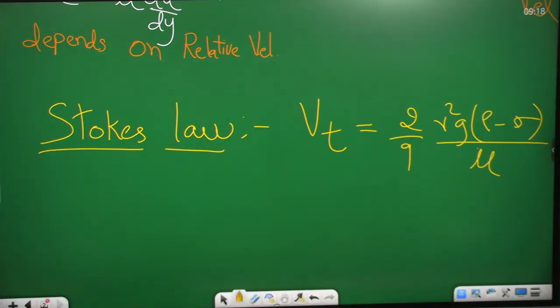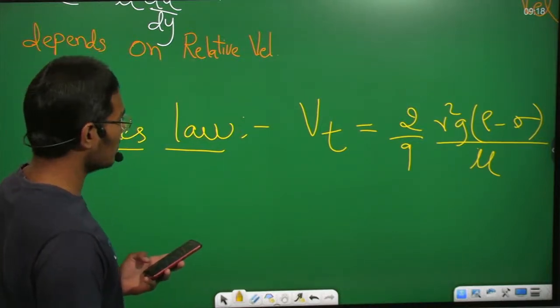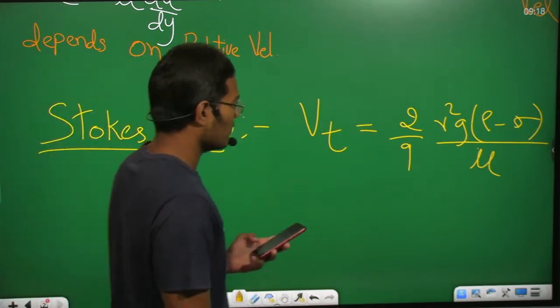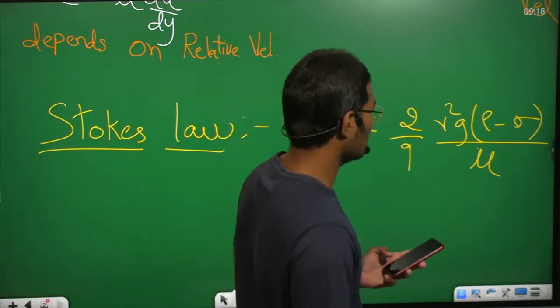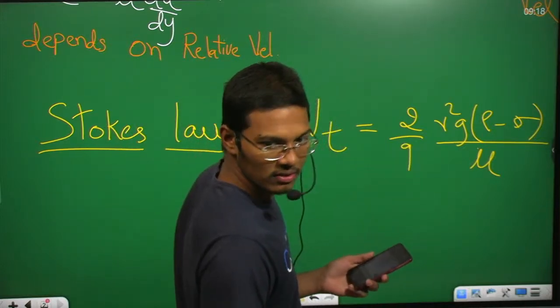So Mr. Harish, hi. So try to reply. So this will be the last equation for our first year. 2 by 9.